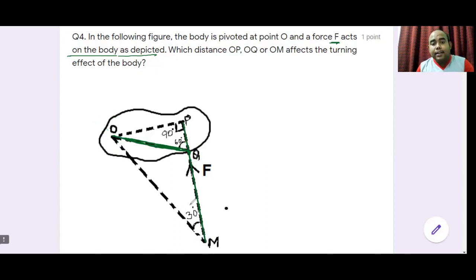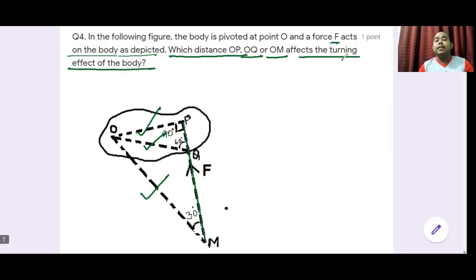So हमारे पास force और pivot point के बीच में 3 distances दिए हुए हैं question में. One is OP, one is OQ and one is OM. OM भी force जहां से लग रहा है उस point से O तक का distance है, लेकिन वो perpendicular distance नहीं है. So we know what is which distance OP, OQ or OM affects the turning effect of the body. हम जानते हैं turning effect of the body, अभी मैंने formula भी बताया था, is equal to F into D, means moment of force is equal to F into D. D is which distance?